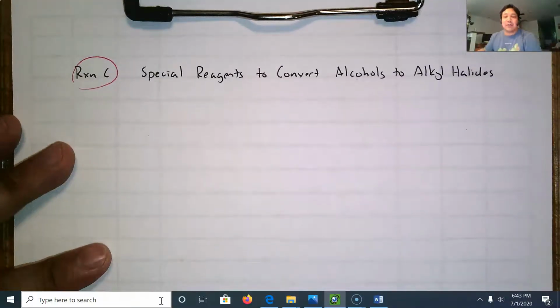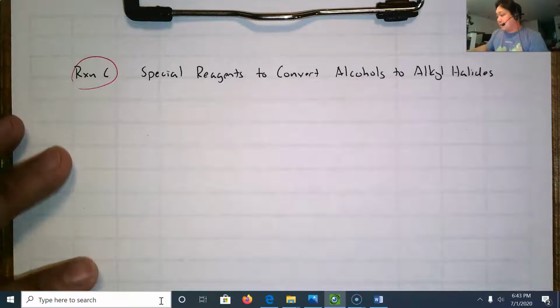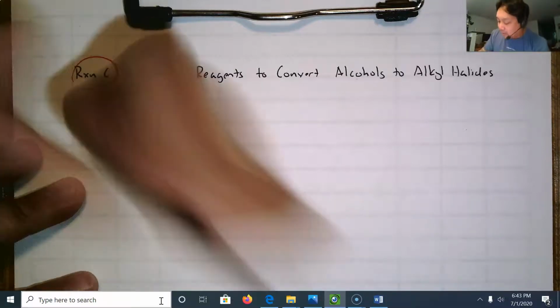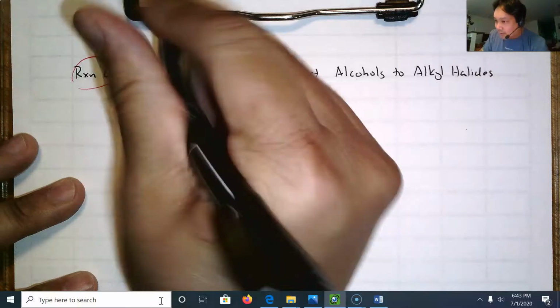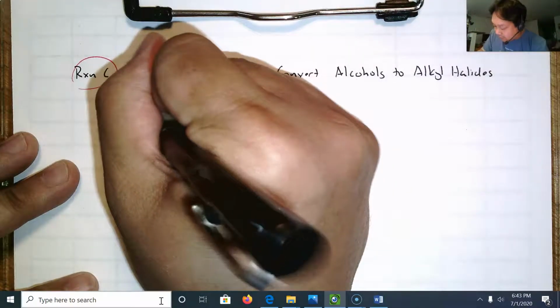Special reagents to convert alcohols to alkyl halides. Let's use a secondary alcohol. And yes, I will put some stereochemistry.